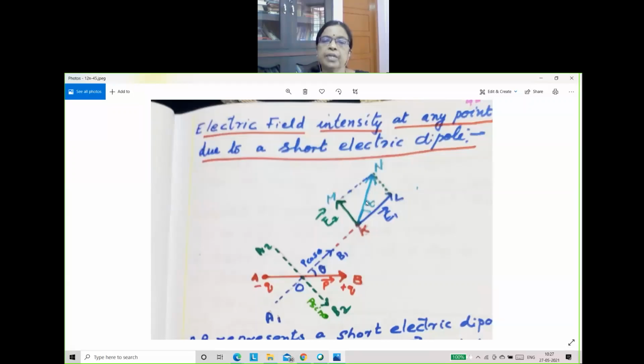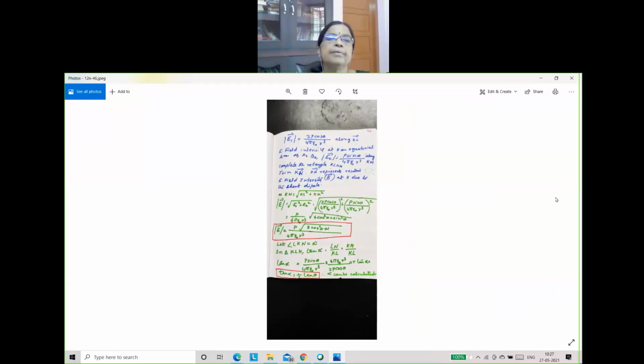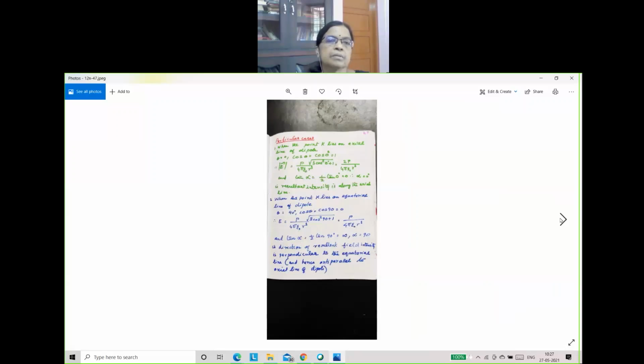Tan alpha gives the direction. Tan alpha means opposite side by adjacent side. What is LN? LN is E2. So E2 by E1 will give alpha. So we can divide E2 by E1 and find it.